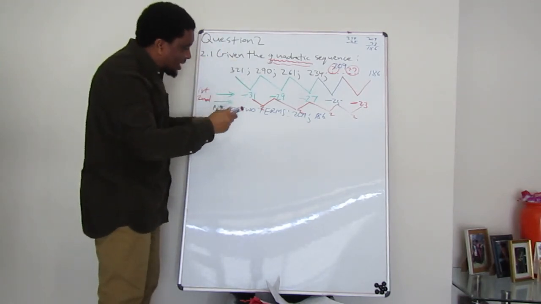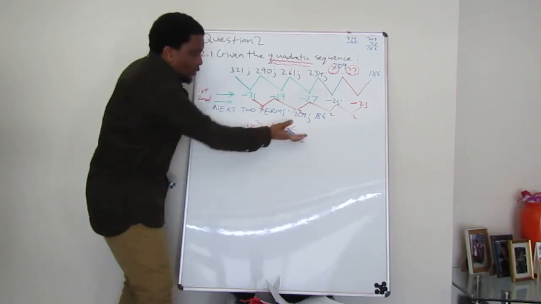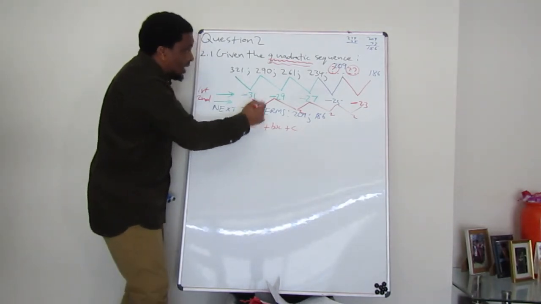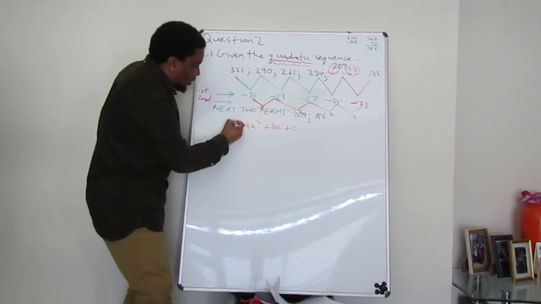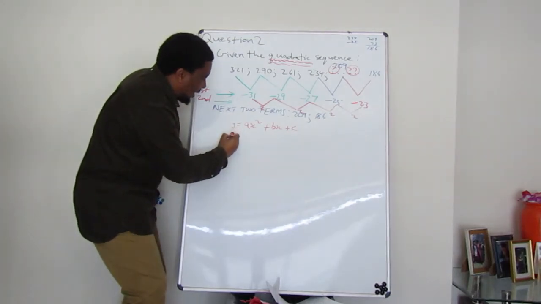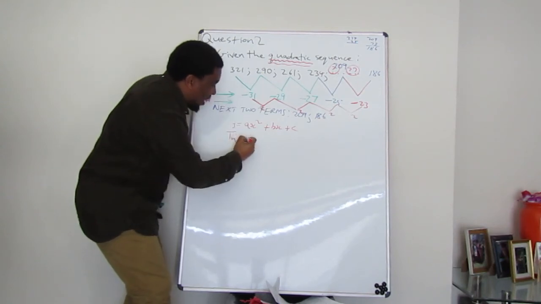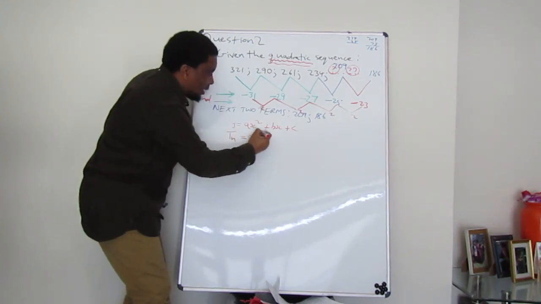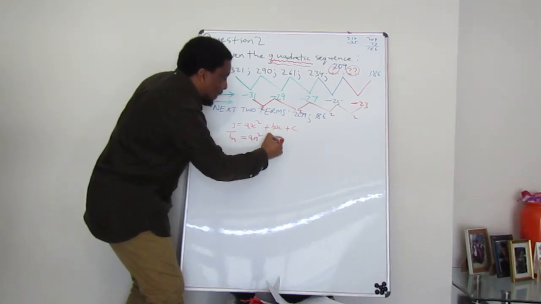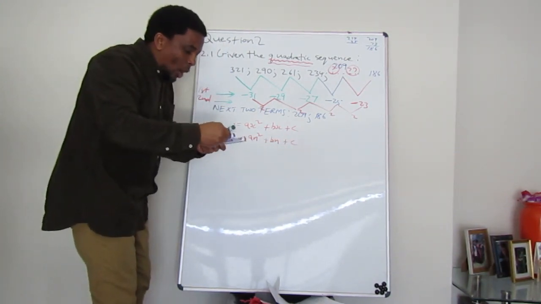Remember, a quadratic sequence is ax squared plus bx plus c. You've already done this in standard 7 and standard 8. In this case, because we're dealing with numbers, instead of writing y equals ax squared plus bx plus c, I will write it as tn, where n is the number of the term in the sequence. So tn is equal to an squared, that is, in place of x I put n, plus bn plus c.